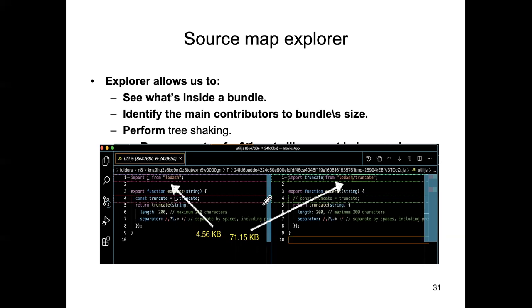The second point is that it allows us to identify the main contributors to a bundle's size. If we see a particular file within a bundle that's consuming a large part of that bundle's size, then maybe we might decide we should split that module up into smaller modules, if that's possible.